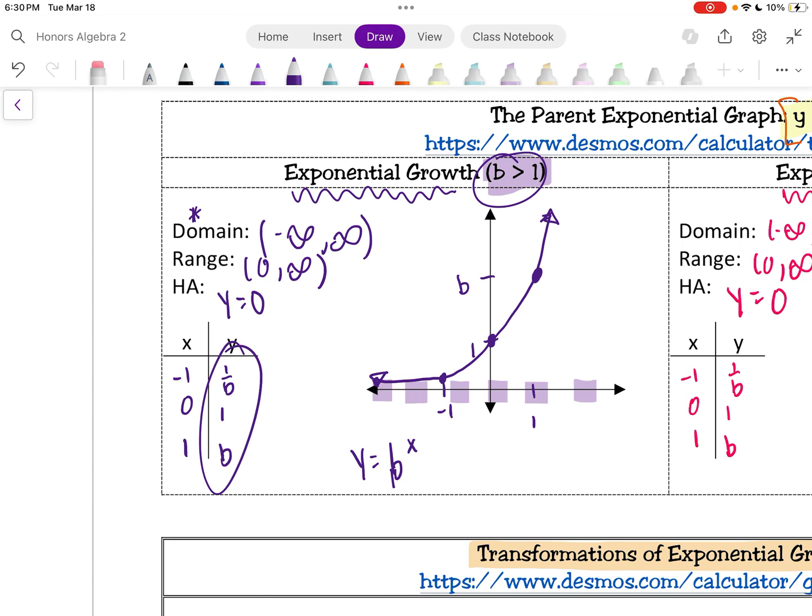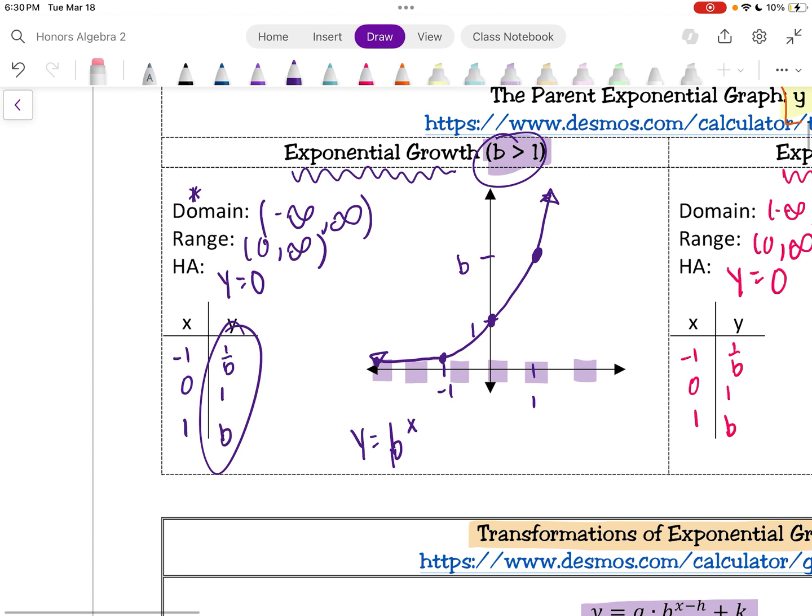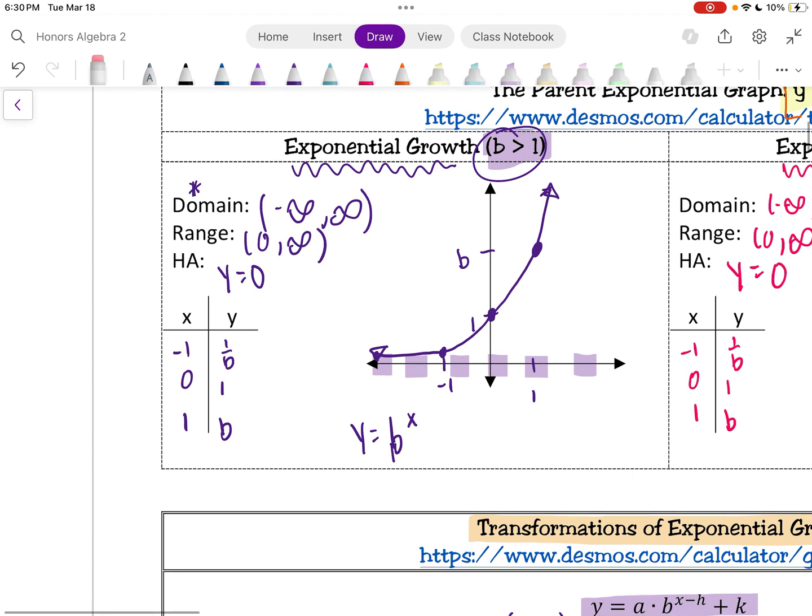That may change once we do the transformations, but for the parent function it's 0 to infinity, and you have an asymptote at y equals 0. When you graph this, your x values are always negative 1, 0, and 1, and your y values are always 1 over b, 1, and b, and then you can graph the function that way.